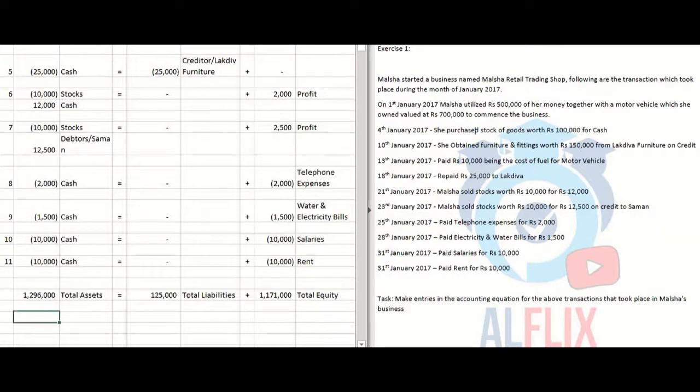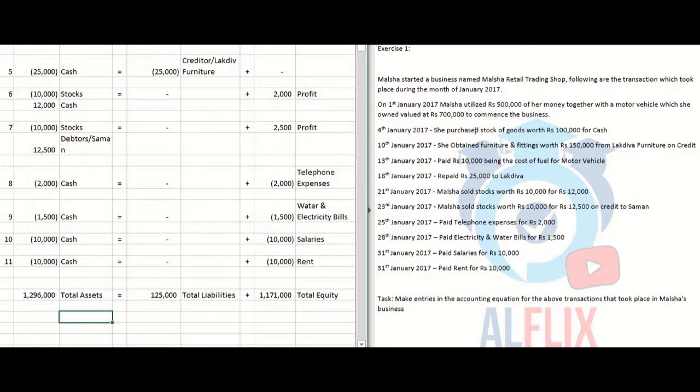So to verify that the transactions have been entered correctly and the total assets equal the total liabilities plus equities, let's sum up the values of the totals.